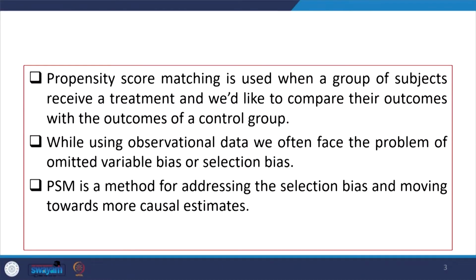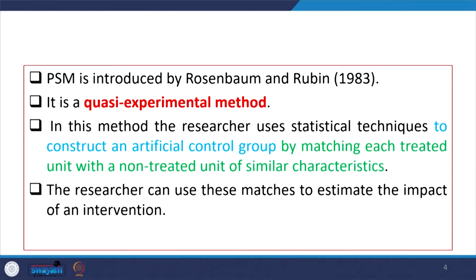PSM is a method of addressing the selection bias and moving towards more causal estimates. It is not like the cross-sectional or least squares method or the normal regression technique. This rather gives you a certain causal relationship in the estimation. PSM was introduced by Rosenbaum and Rubin in 1983. This is also called a quasi-experimental method.